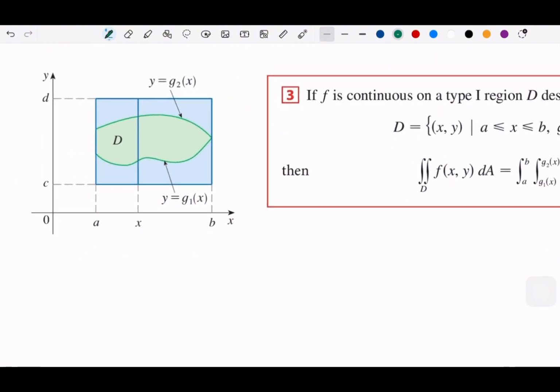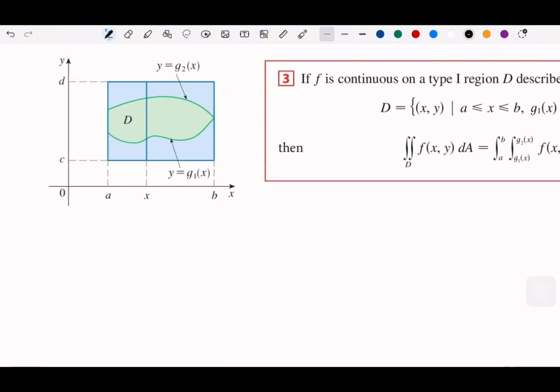So I think to understand from the previous theorem, to evaluate this, let me write just some notes here.